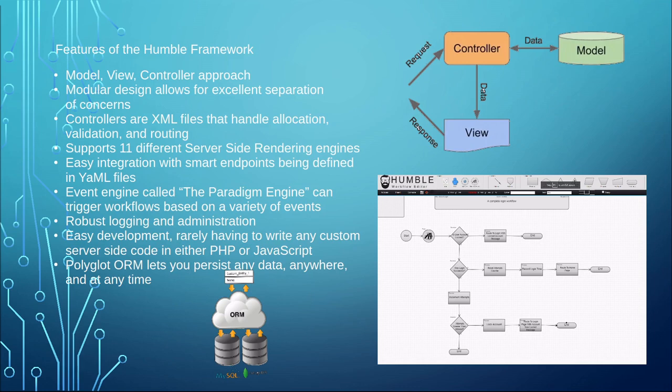And one of the features of Humble is that it has a polyglot persistent ORM. We can talk about that a little bit soon. It basically does a behind the scenes join of a MySQL table with a Mongo collection.